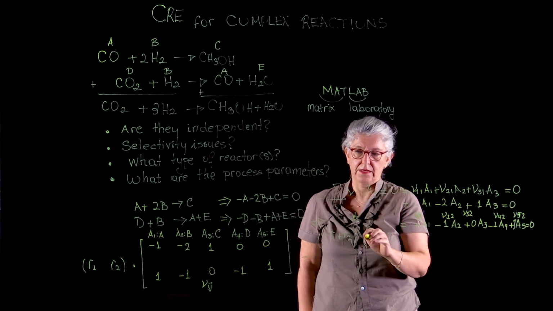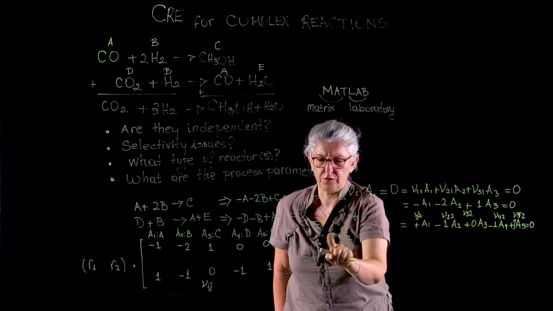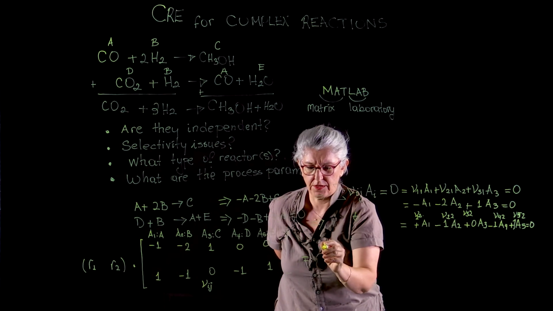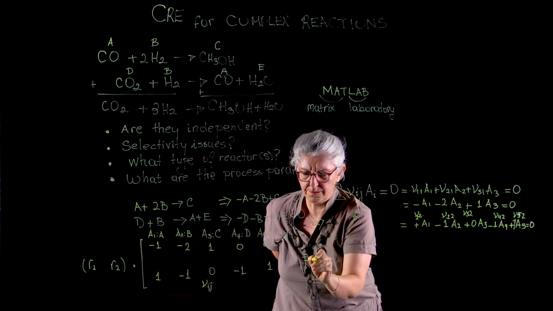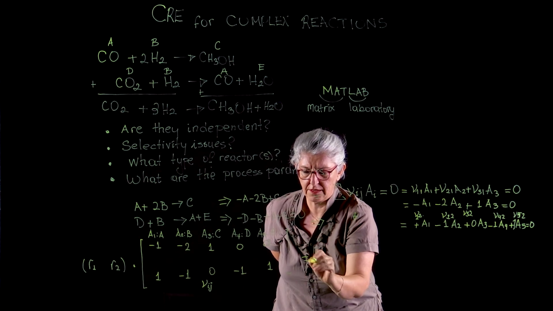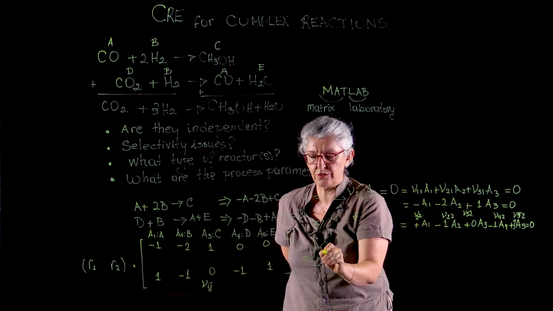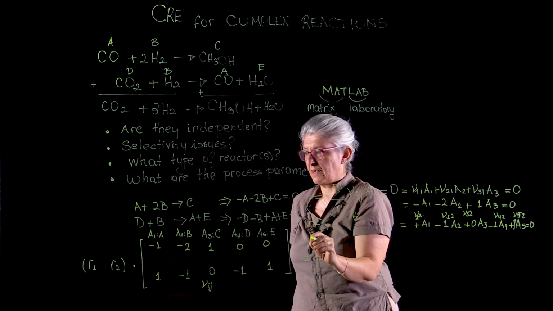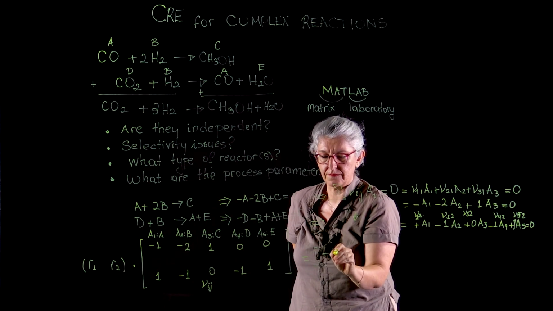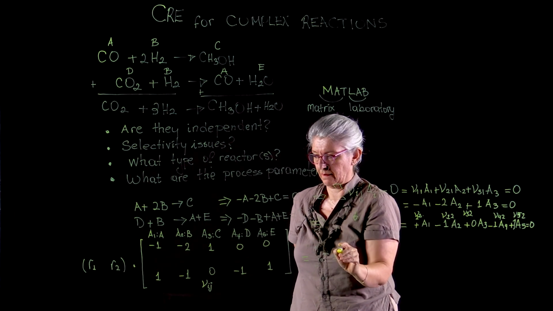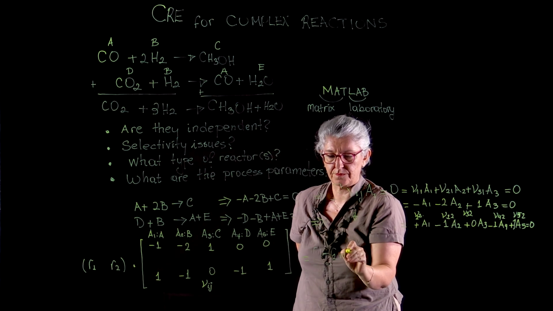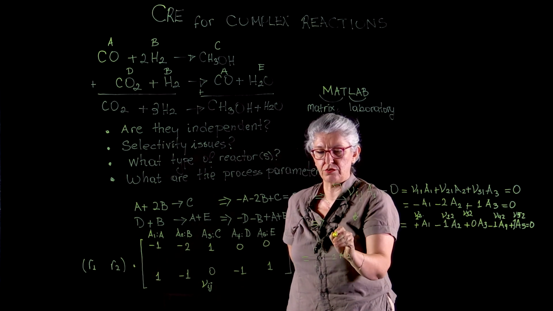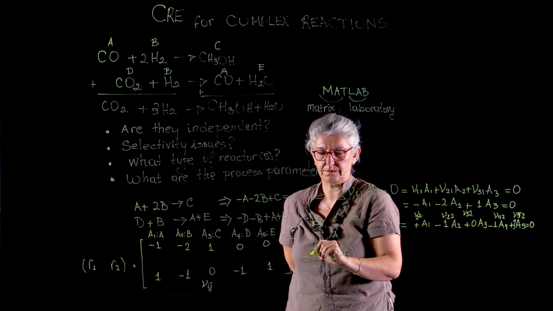Let me just do a little bit of housekeeping. Okay, so my first term, I'm going to generate a vector space. My first term is minus R1 plus R2. This first term belongs to the A column.